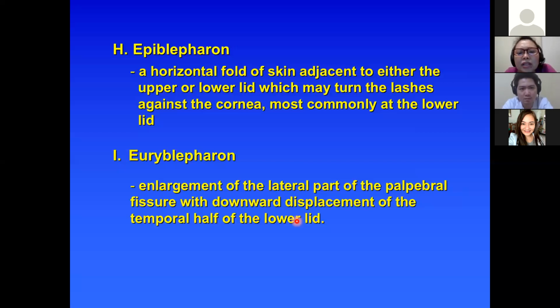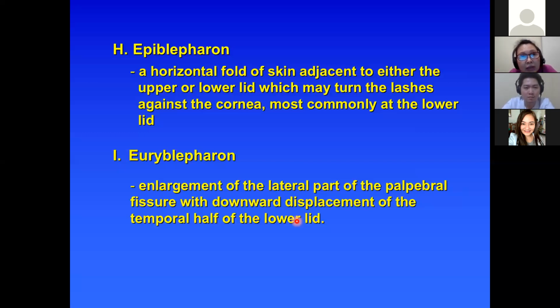Euryblepharon, this is the enlargement of the lateral part of the palpebral fissure, with downward displacement of the temporal half of the lower lid. Instead of going up, it goes down. Tapos, the fissure is mahaba. Usually, in children the fissure, in adults, is usually about 27 millimeters horizontal.